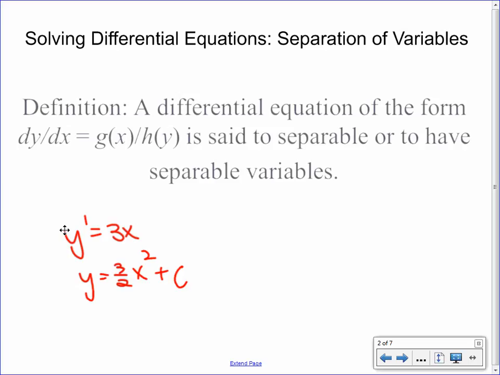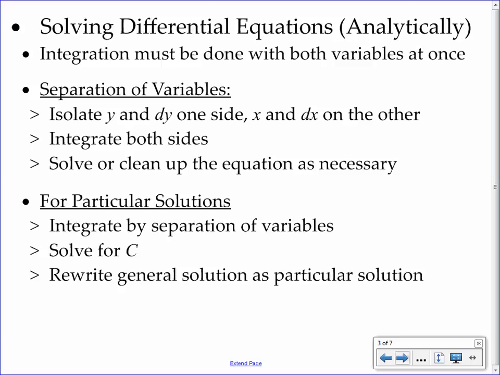So, here are your steps. Okay? We are basically going to integrate both sides at the same time. So in order to do that, we want all of our y's and dy on one side, and any x's and dx on the other side.